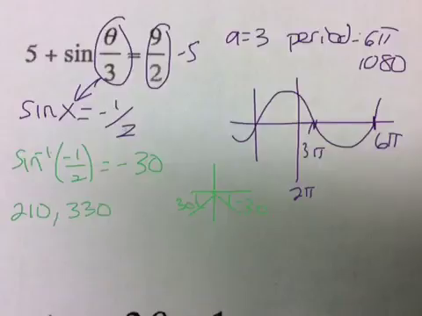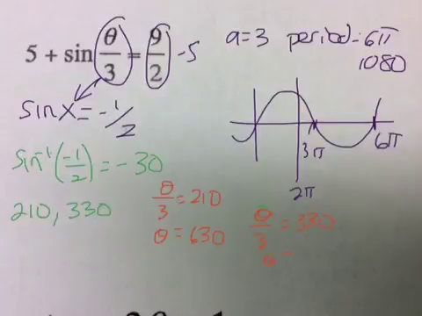Okay, now I'm going to set those 2 answers equal to theta over 3. So theta over 3 equals 210. So that means that theta equals 630. And then we have theta over 3 equals 330.